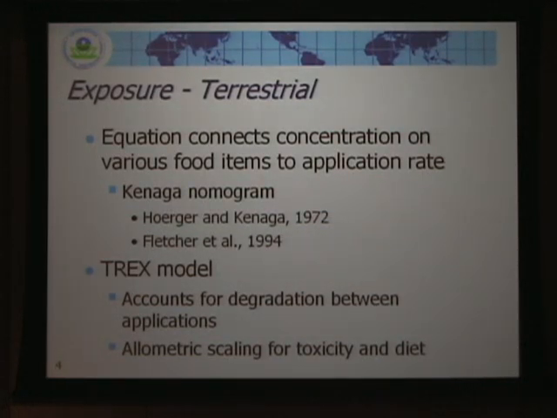In the last couple of years, we've expanded that very simple idea by taking into account the fact that if you have multiple applications, the pesticide is going to degrade between applications. That was part of what Mark was talking about just previously. And the second thing is, we know that per unit weight, larger animals eat less food. Smaller animals eat more food per unit body weight.